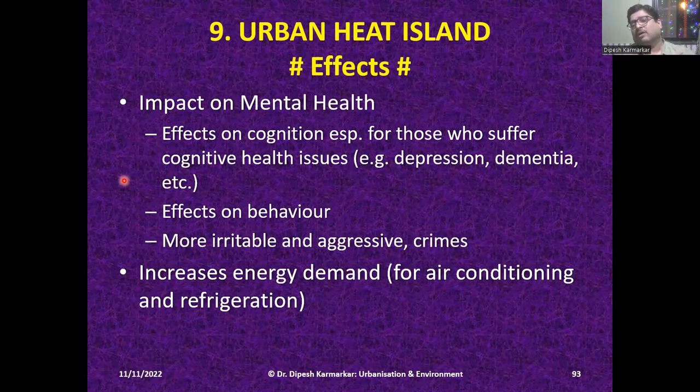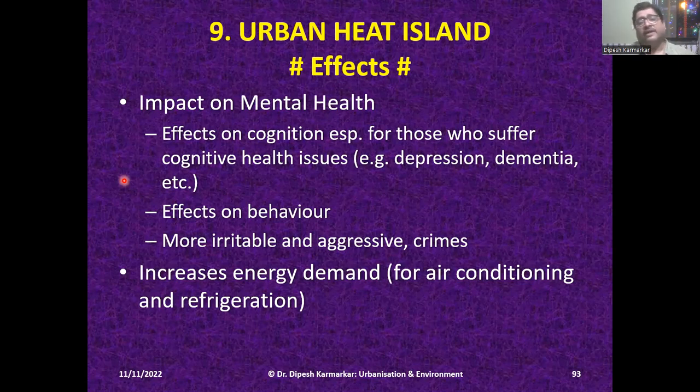Another important effect of extreme heat in urban areas is that people will run their air conditioners and refrigerators at full capacity. Because of that, during the summer season, when the heat is too much, there is a lot of energy demand, a lot of demand for electricity, and the cities are unable to generate that much electricity.